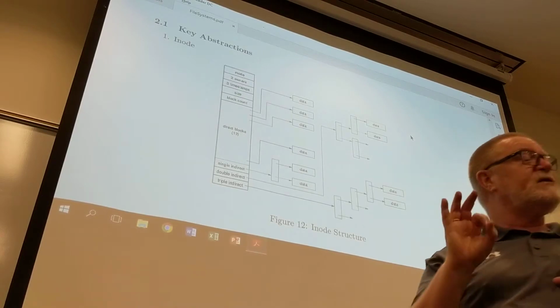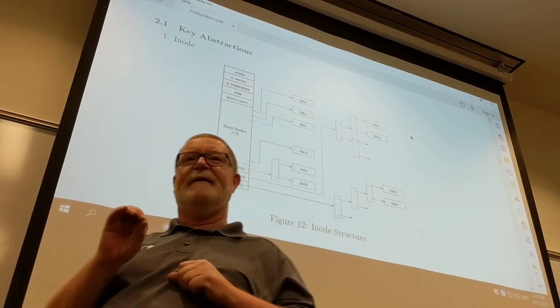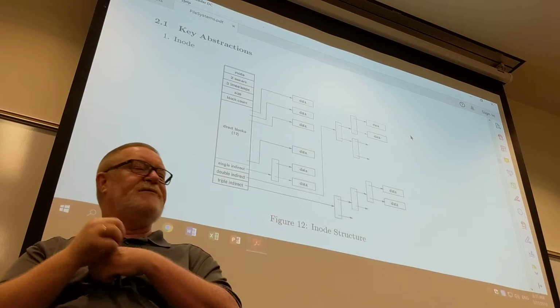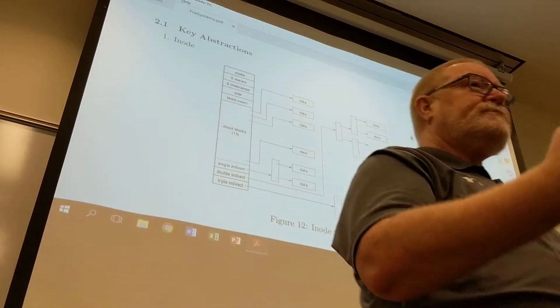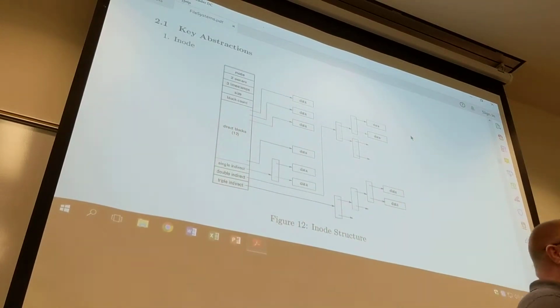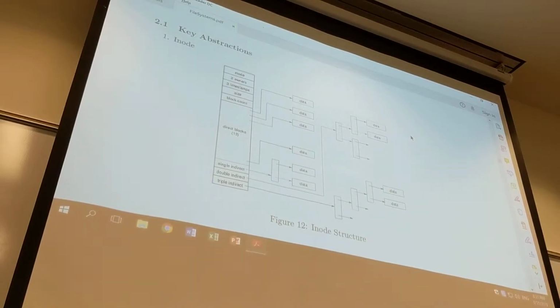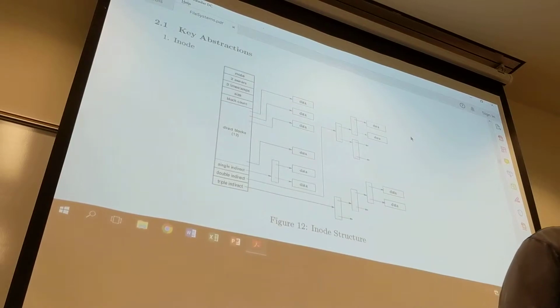Okay. So if you take a close look at it, you'll see that you get up into the gigabyte range, probably around 4 gigabytes. Triple indirect blocks work similarly.